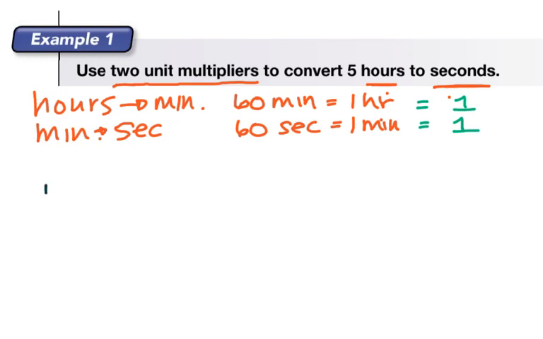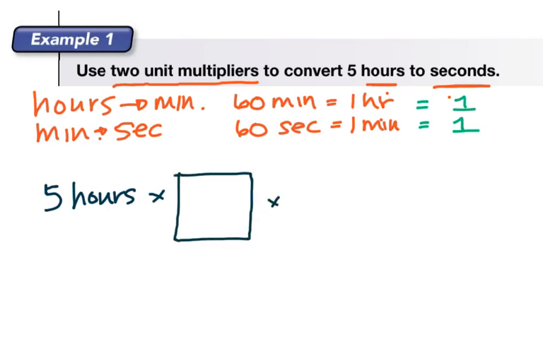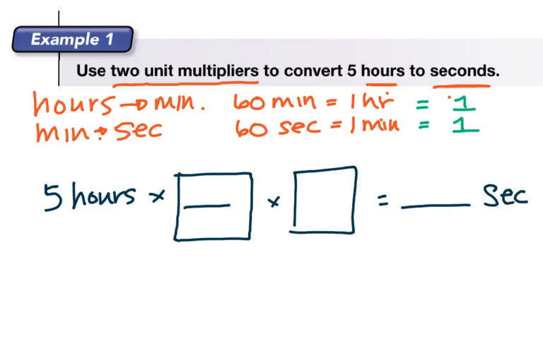We want to have 5 hours. We're going to multiply it by 1 unit multiplier, a second unit multiplier, and our outcome has to be in seconds. Okay, so our first unit multiplier, we want to be able to cross-cancel hours, which means hours is going to have to be on the bottom. We come back and we look over here, and that means our 1 hour and our 60 minutes. 60 minutes is going to have to be on top.